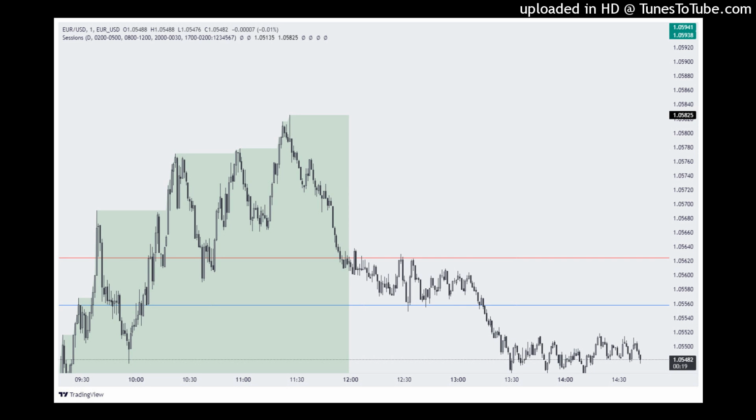So if price does not want to continue higher off of the first discount array right there, then it won't continue higher off of this fair value gap. Why not? Because it's the same. It's both one. So if price is not willing to move off of one discount array, it will seek the overlapping part. It will seek the overlapping discount arrays to potentially continue higher off of that. And if it doesn't do that, then likely the whole idea is invalidated and we are continuing lower.